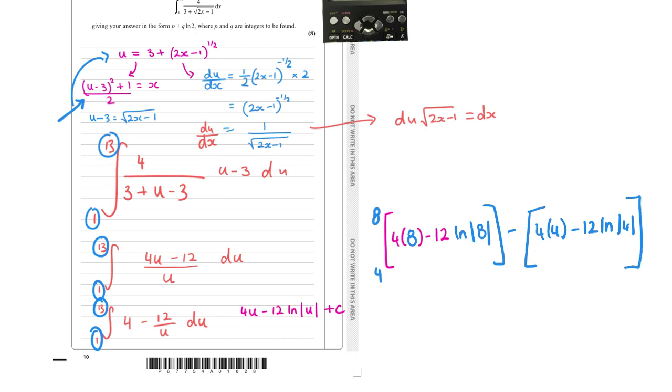So 4 times 8, 32. Minus 12 ln 8. Minus 16 plus 12 ln 4. So 32 minus 16 is 16. Minus 12 ln 8 plus 12 ln 4 is 12 ln.